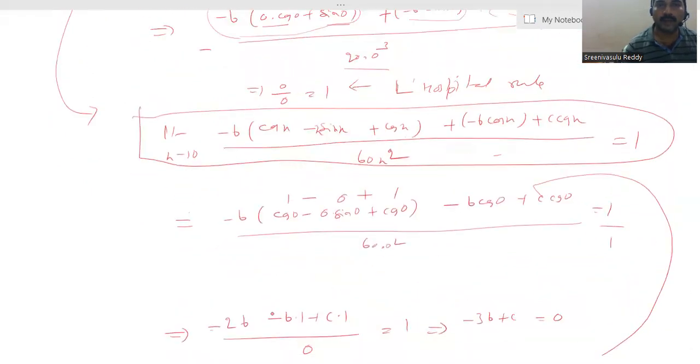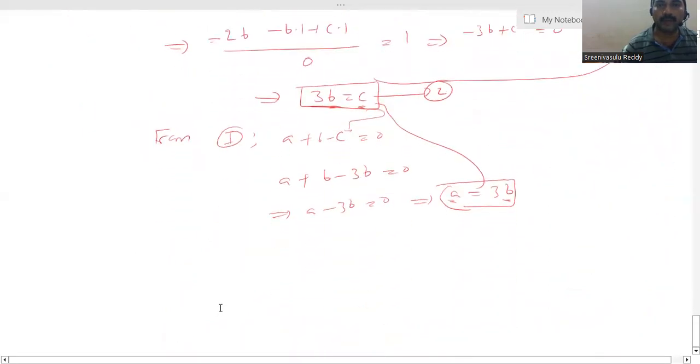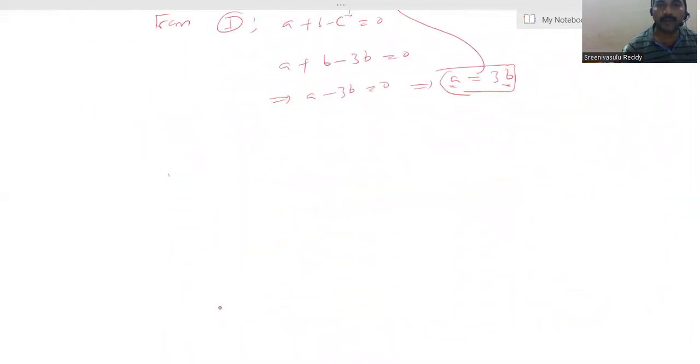How many cos x are there? 2 cos x are there. Minus x into sin x. Here minus b cos x is there. So you keep b cos x on this one side and consider these other two on the other side. Please rearrange the equation in this model. Limit x tends to 0.